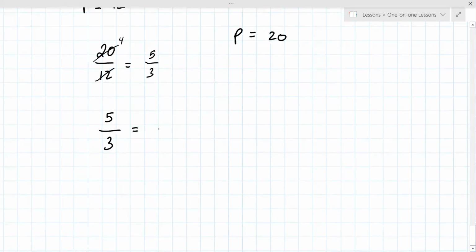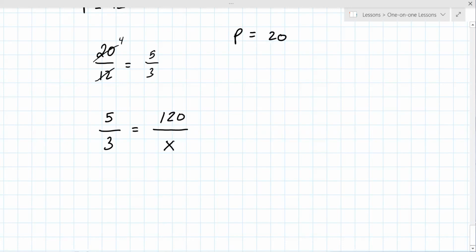5/3 equals. Does the 5 correspond to the bigger one or the smaller one? The bigger one. It gives you the perimeter of the bigger one. So X is down here.